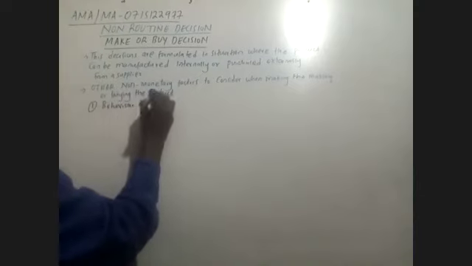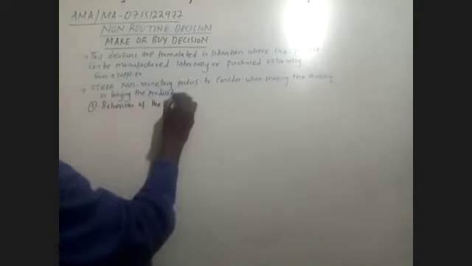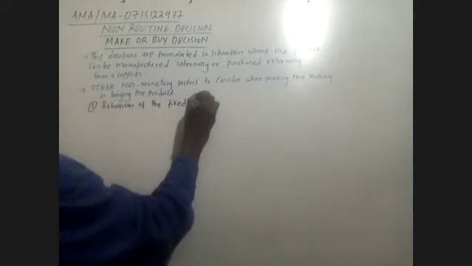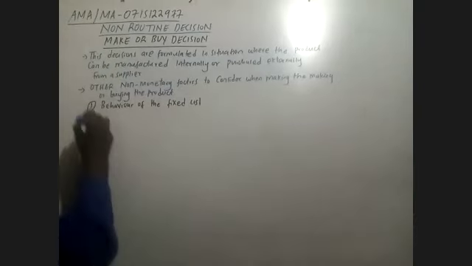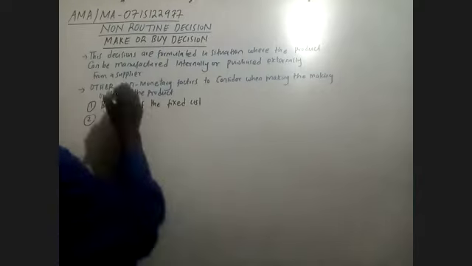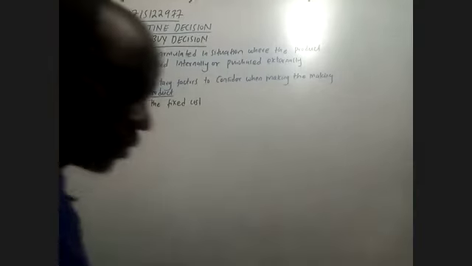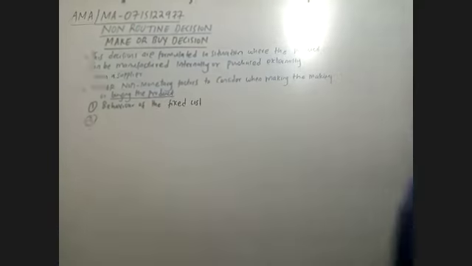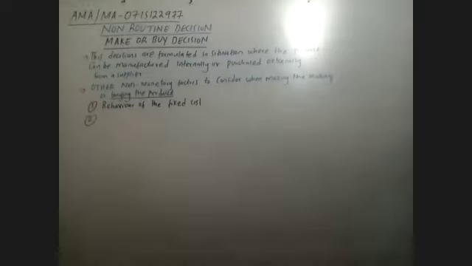If we decide to buy this product outside, what is the behavior of the fixed cost? Shall we incur the same fixed cost? We consider the behavior of that cost when we buy it outside or when we make it internally.